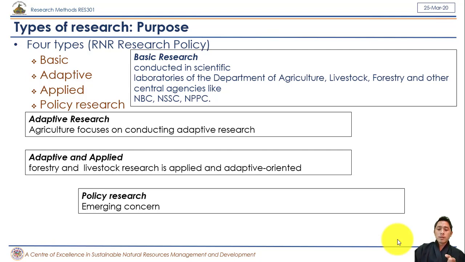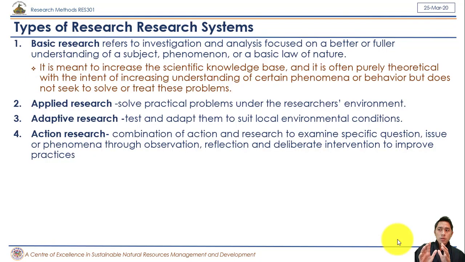But overall, if you look at the types of research based on the purpose, we have one more research type coming up. That's action research. If you want to do research that looks at finding a problem at the first stage, analyzing that problem, and finding a solution to it, we are still in the first stage.